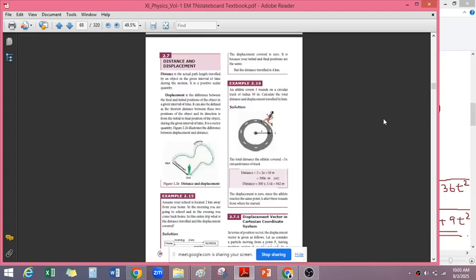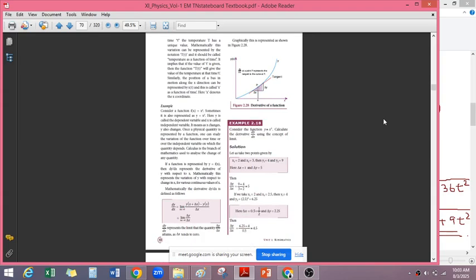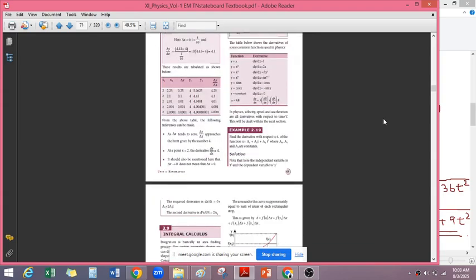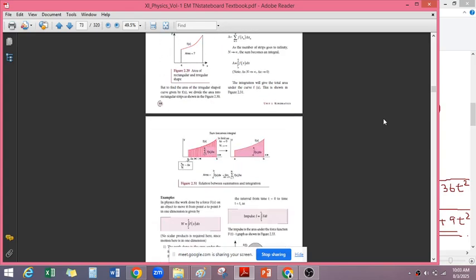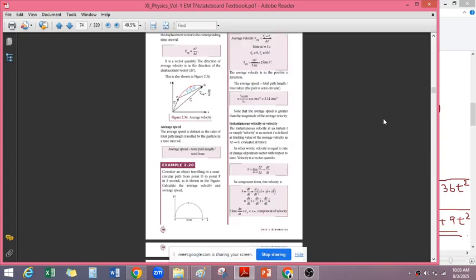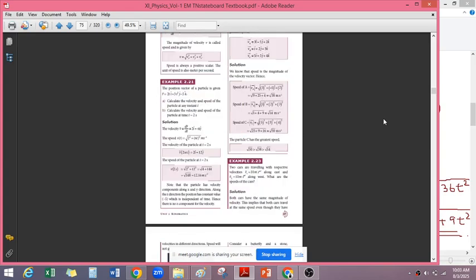Position vector, these things we already discussed, right? Position vector, differential calculus introduction, integral calculus. 2.21, I think we already discussed this.